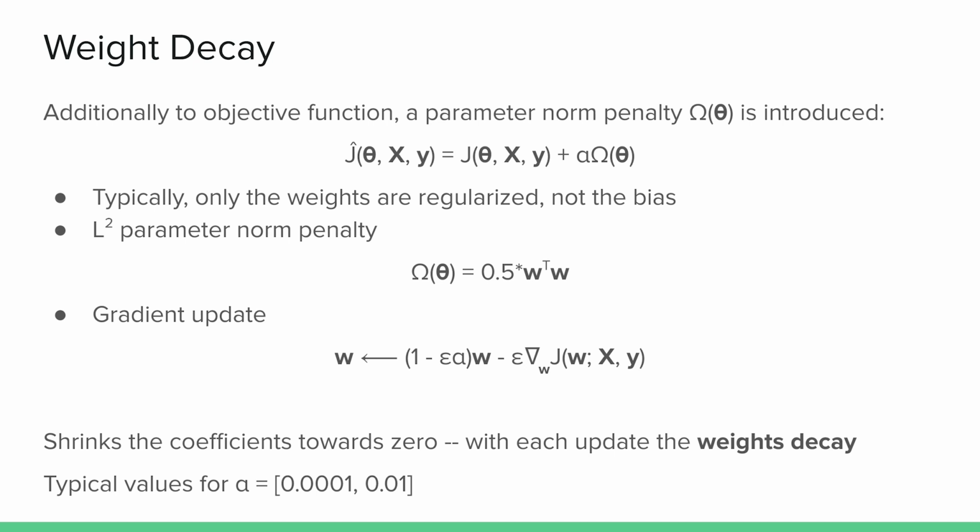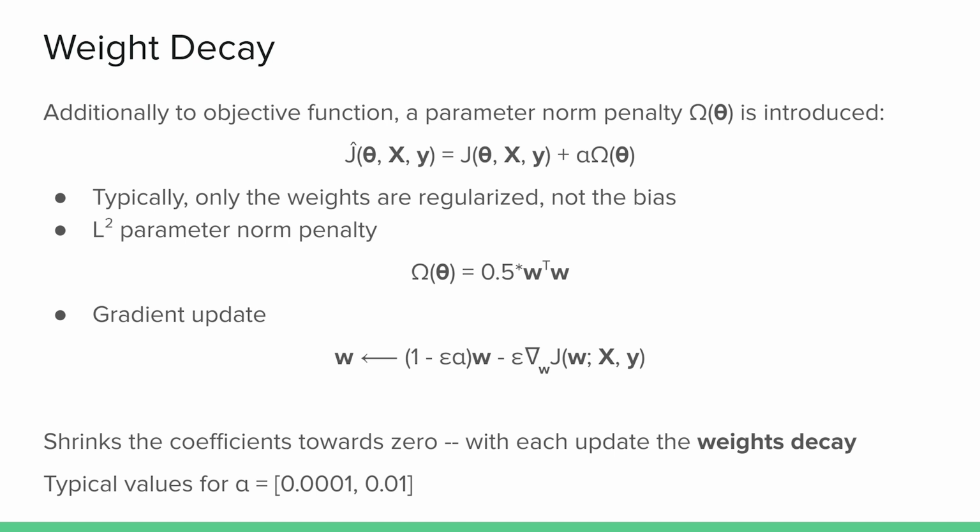We typically only do this for the kernel, the multiplicative weights, and not for the bias term. Typically we also use the L2 parameter norm penalty, which we can compute just by having a transposed weight multiplication with the weights.